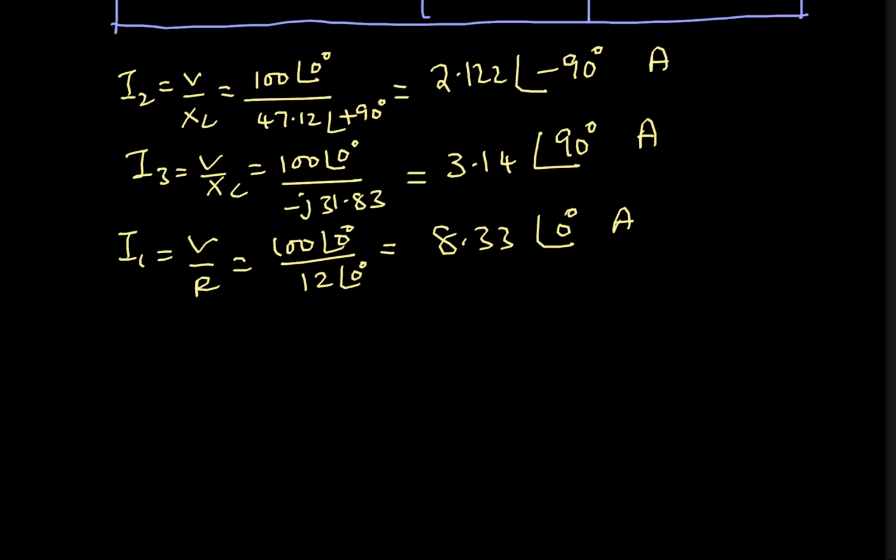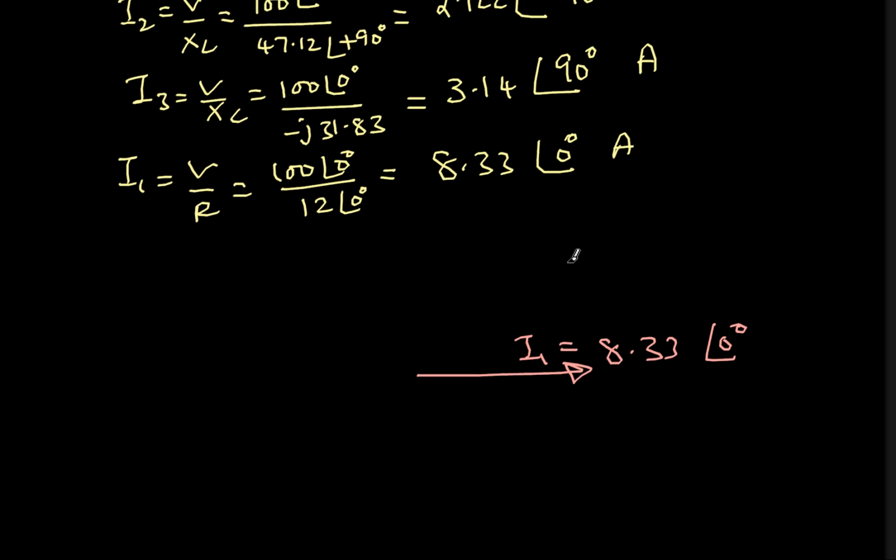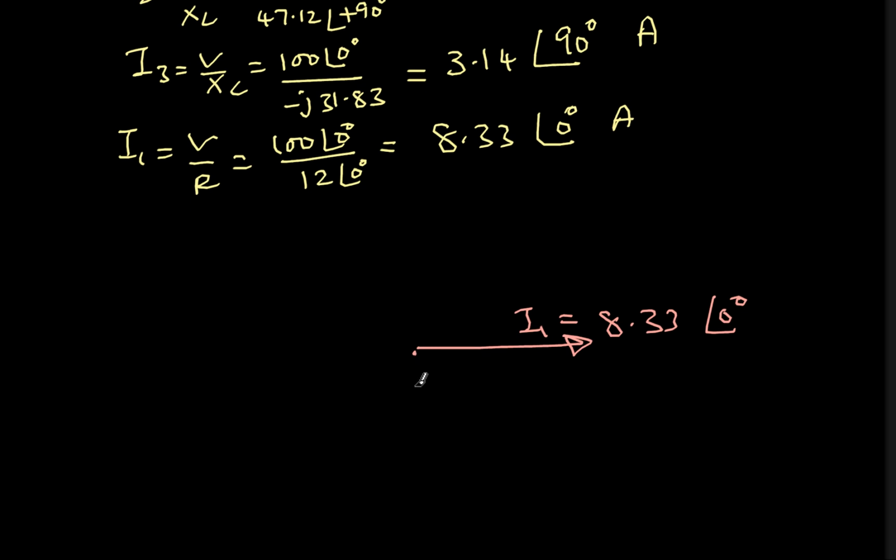So if I draw them as vectors, this is my first vector, 8.33. This is I1, angle is 0 degrees. The second vector, sorry, I2 is pointing downwards, 2.122, angle is minus 90 degrees.